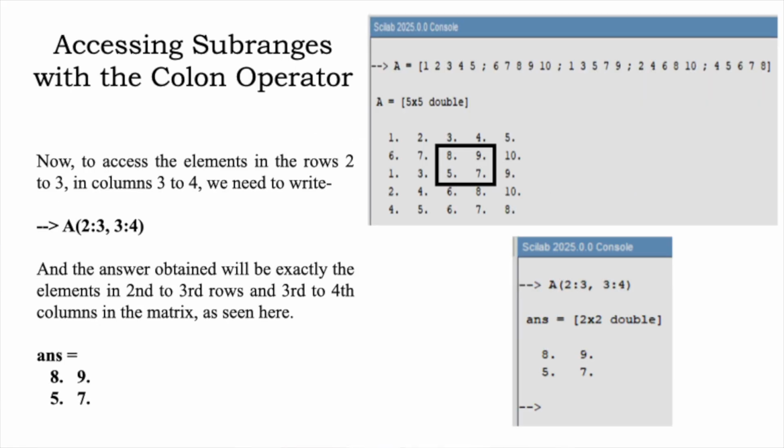Now, to access the elements in rows 2 to 3, in columns 3 to 4, we need to write A(2:3, 3:4). The answer obtained will be exactly the elements in the second to third rows and third to fourth columns in the matrix as seen here.